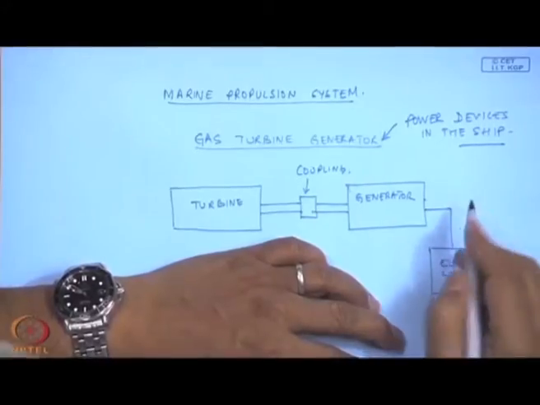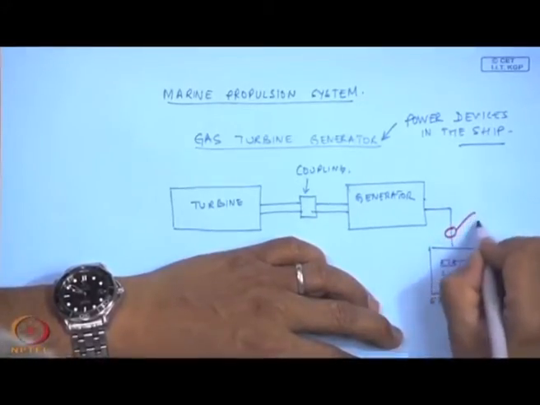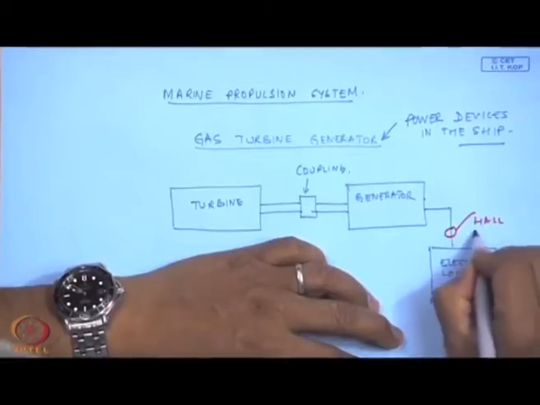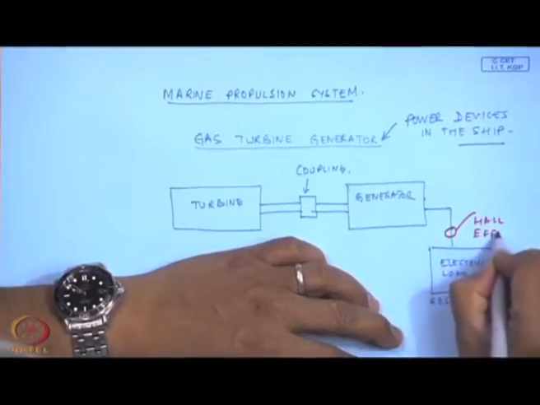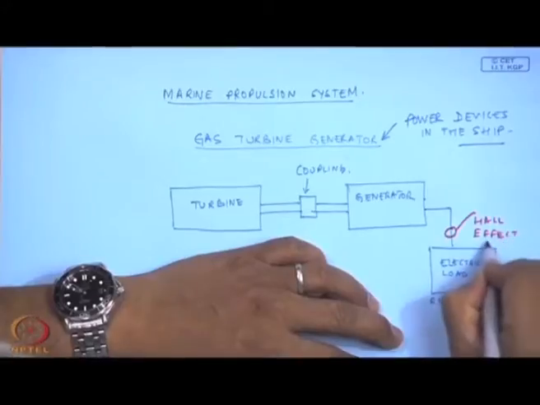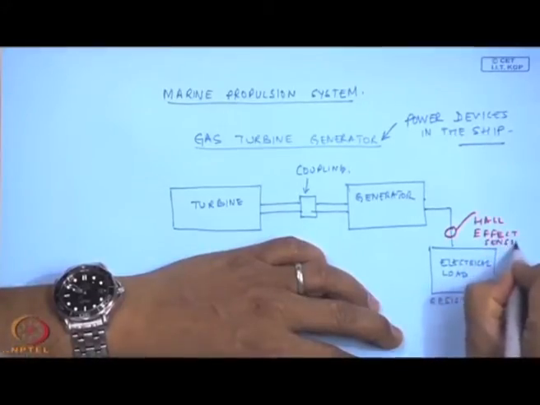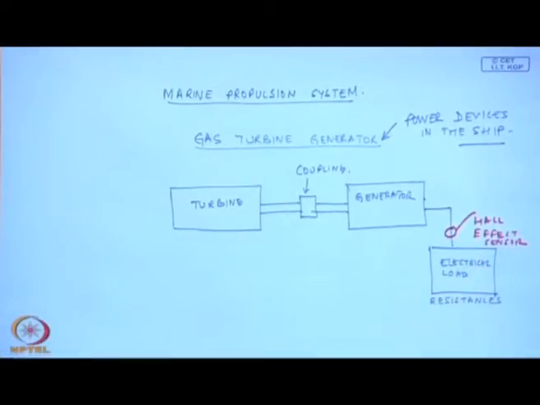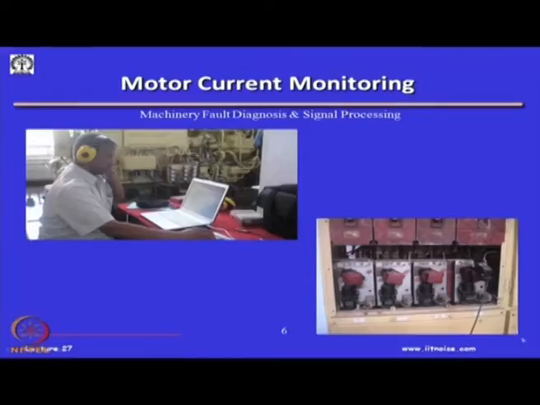So, onto this we put a Hall effect sensor, okay, and this is the Tektronix Hall effect sensor put on one of the phases of the output load, and then we can correlate what is the defect in the generator and then in the turbine.